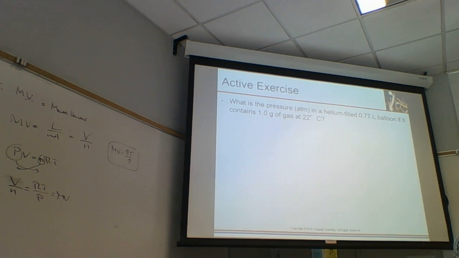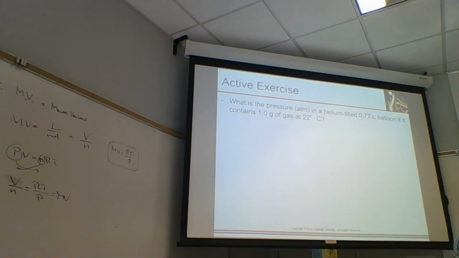Moles of helium gas. Let's go ahead and do that calculation. 1 divided by 4.002 is 0.2498. I'm going to carry some extra digits and just avoid round off.